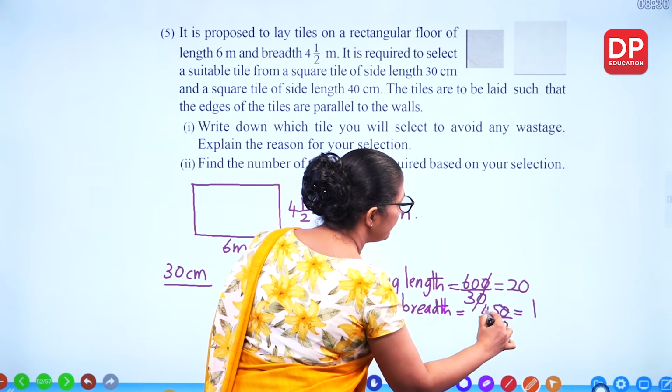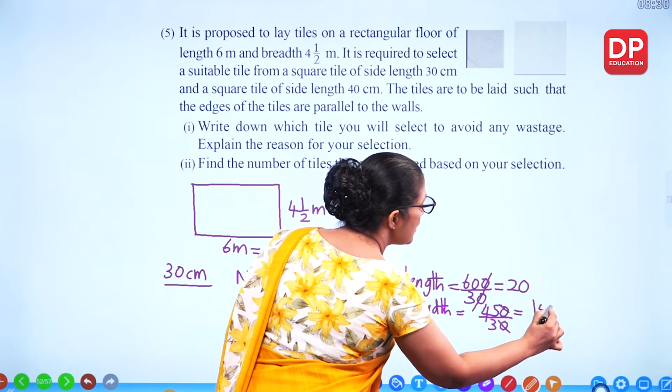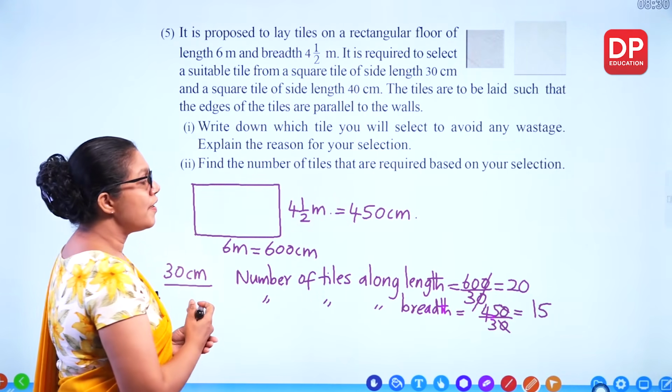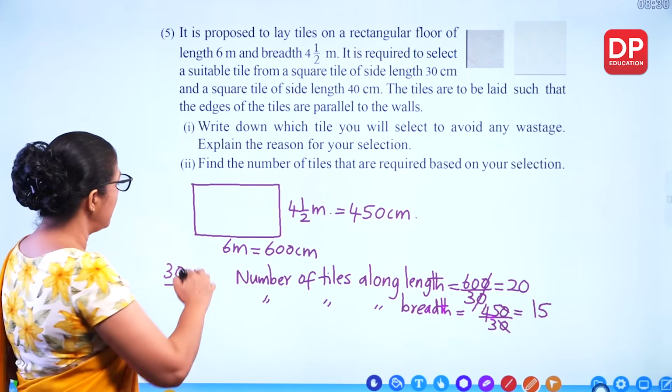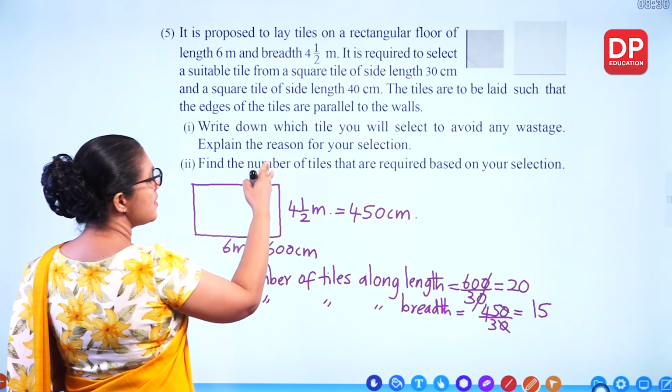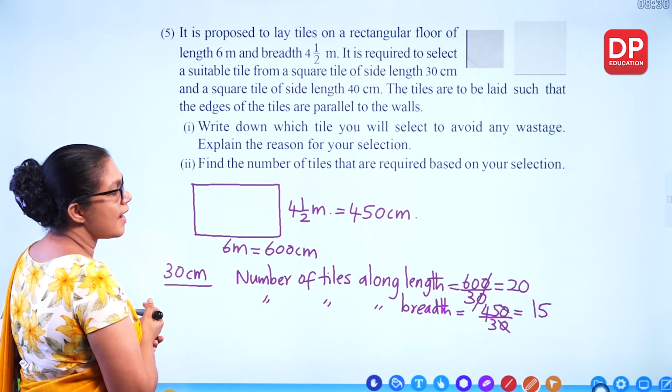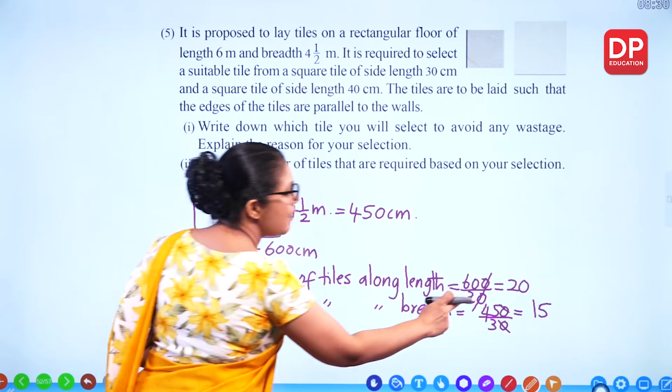You get 15 tiles. So it fits exactly. So here this way 20 and this is 15 fits exactly. So you are not getting any remainder.